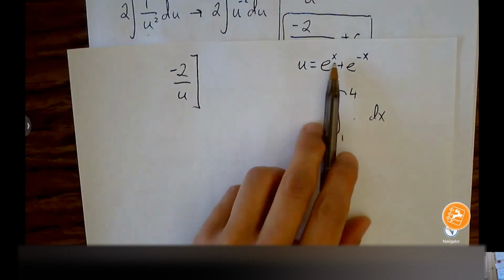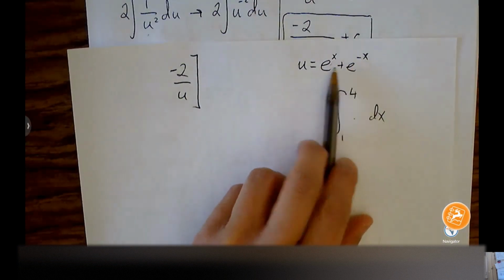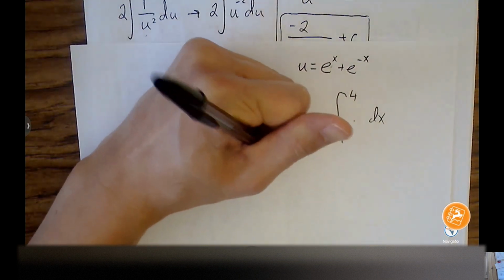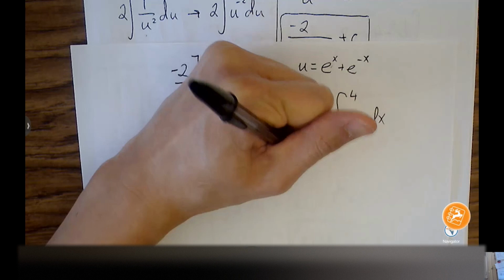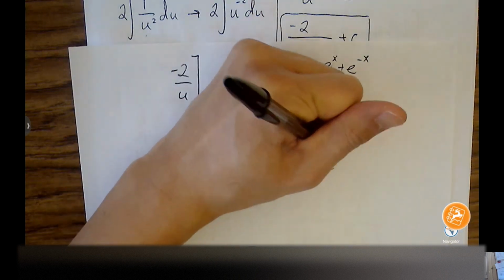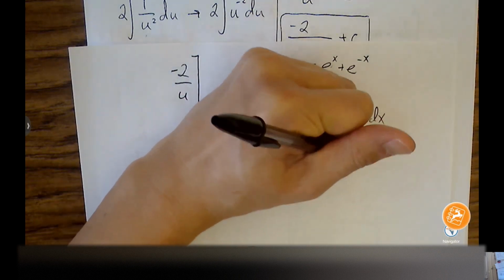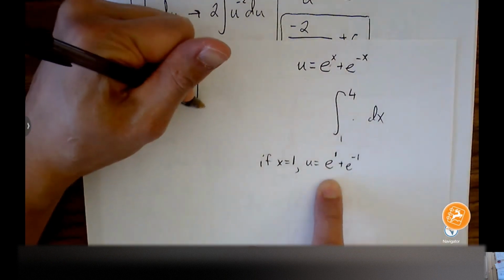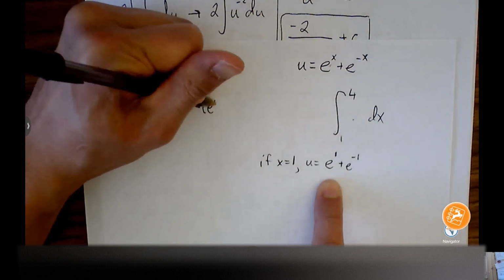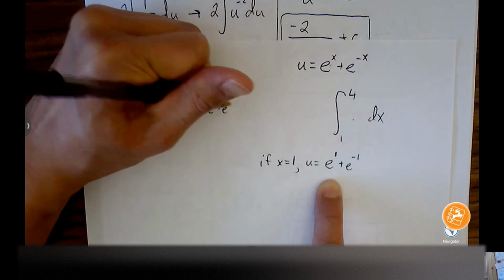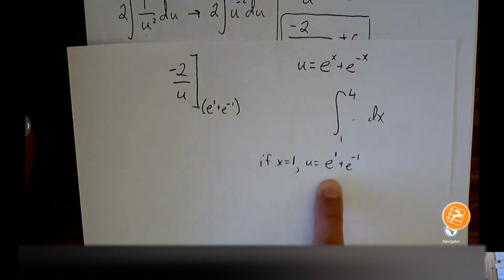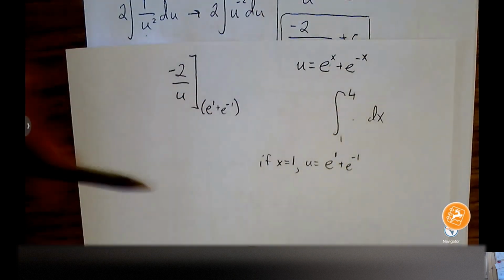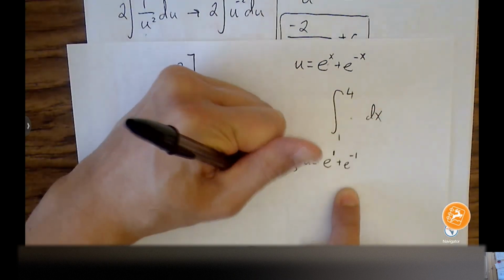So you'll plug 1 into the X's to get in terms of U. So if X equals 1, then U would be equal to e to the first power plus e to the -1. So that would go here. Now, this is not a very good example, because if it didn't have e's in it, then maybe it's a little bit cleaner going through this method, but at least I want to show you the method.